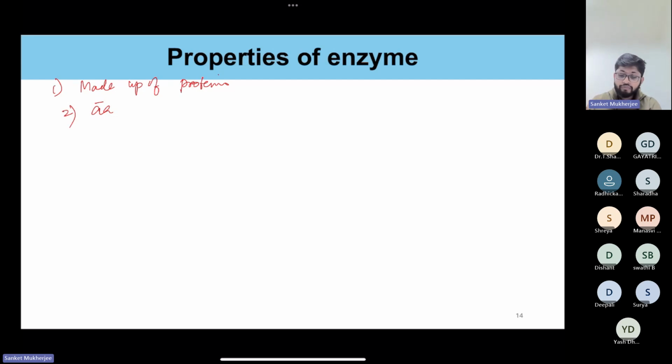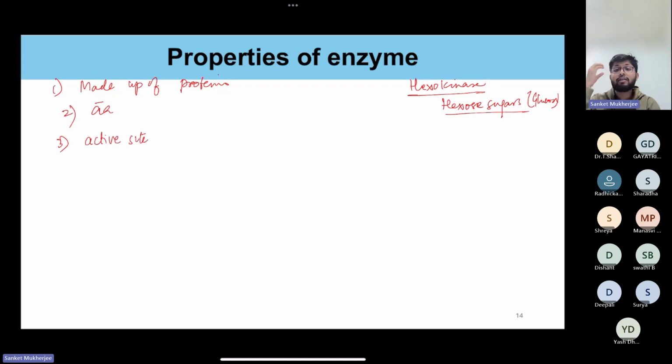So let's say an enzyme like hexokinase would only recognize hexose sugars, let's say like glucose, and this specificity comes due to the amino acid composition. Third, there is an active site in an enzyme. It's always there in an enzyme structure. You would see there is a small pocket, which is the active site from where the substrate binds essentially.